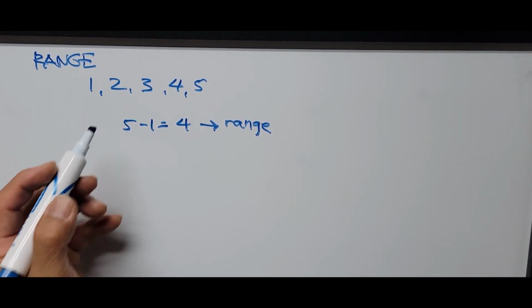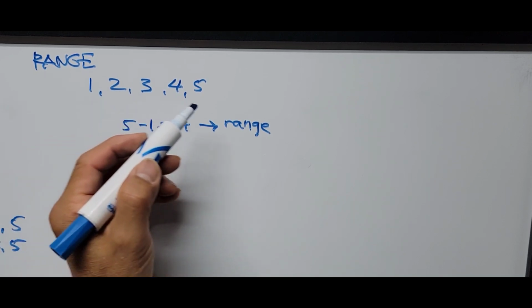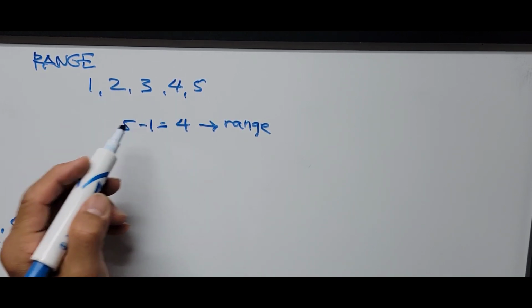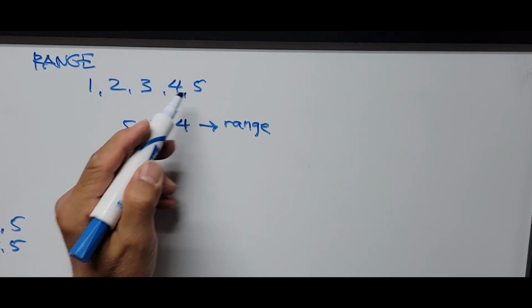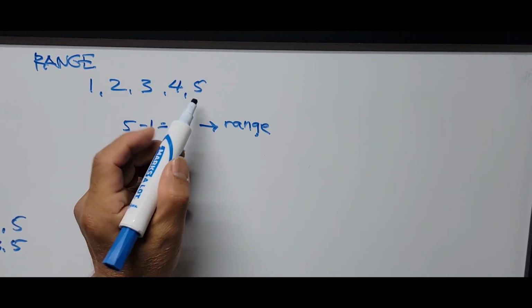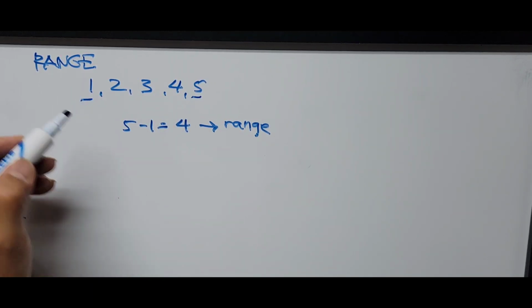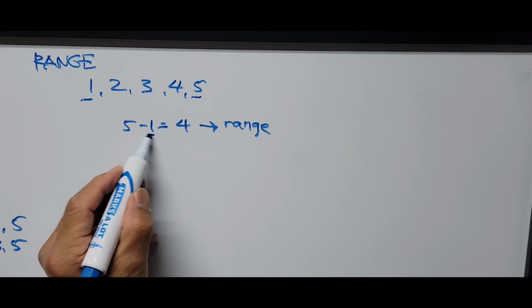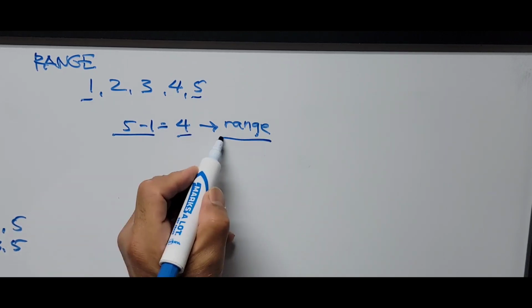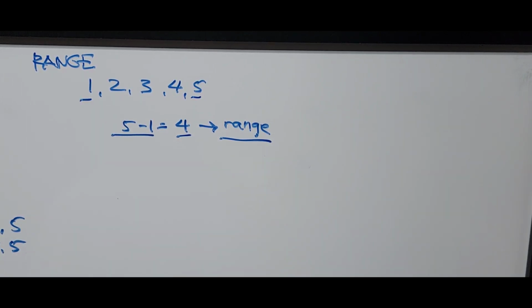So in here, set of values 1, 2, 3, 4, 5. The range is the difference between the greatest and the least value in the set of values. That means it is 5 minus 1, which is 4. So that's the range. We didn't need the principles of algebra to find the value of range, but with this set of values, let's make a problem out of it.